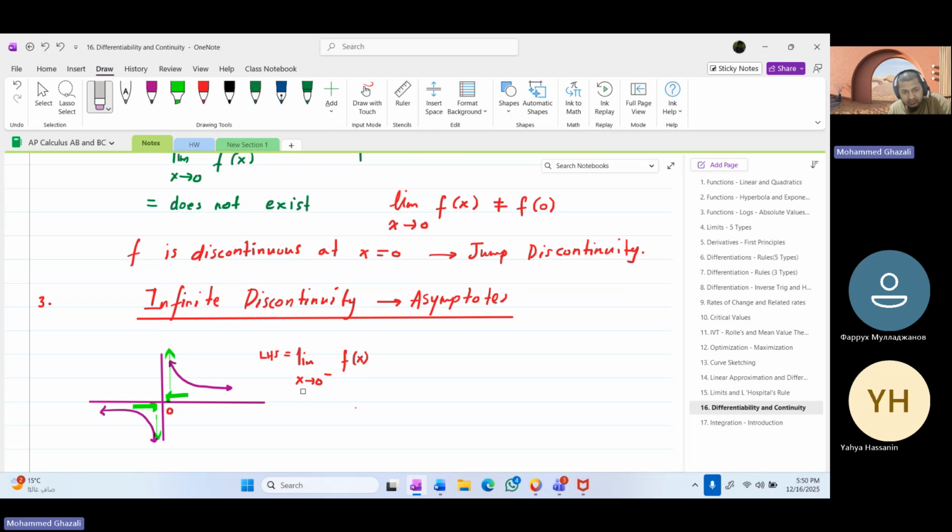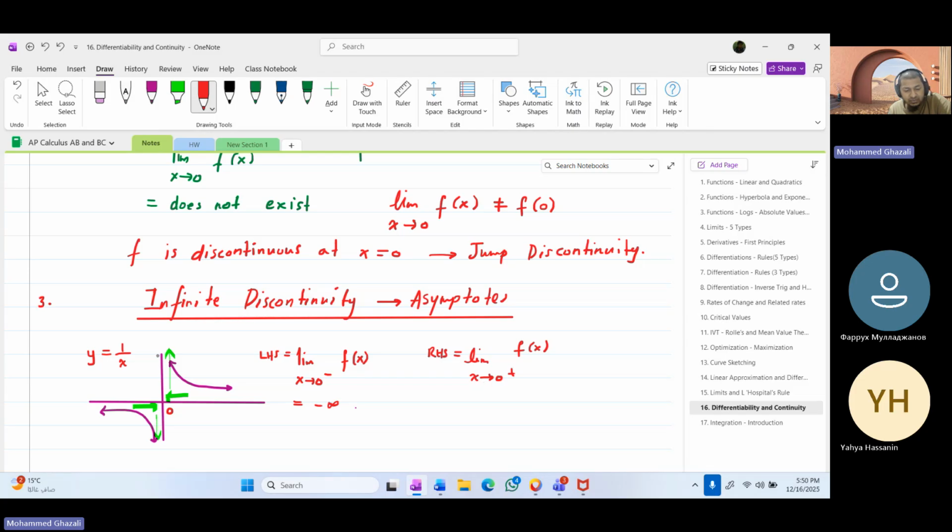Just say this is the function y equals 1 over x. And the RHS is the limit as x approaches 0 from the right of f of x.